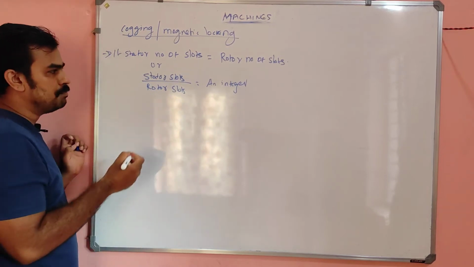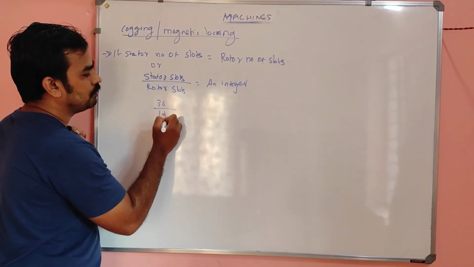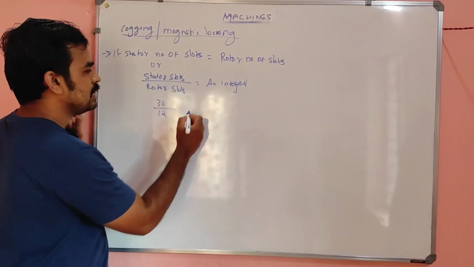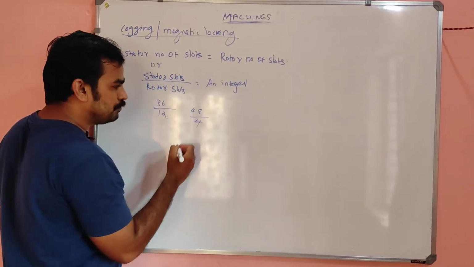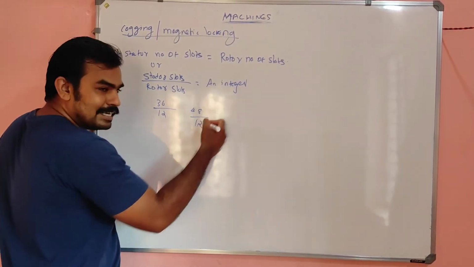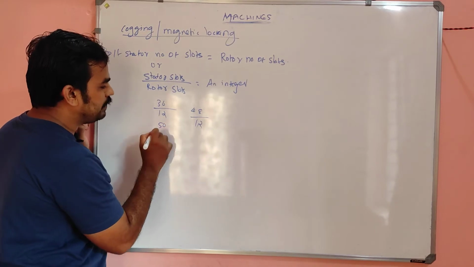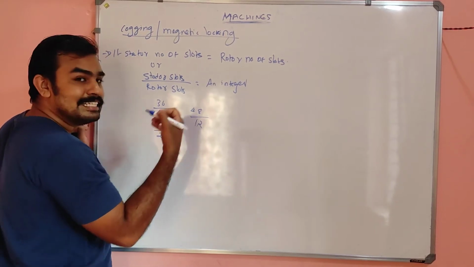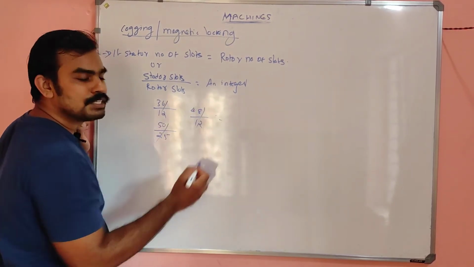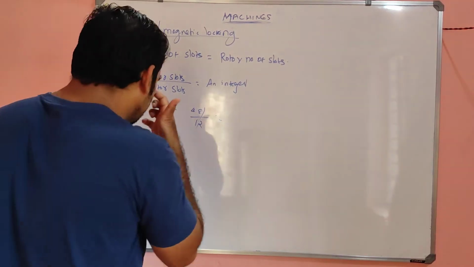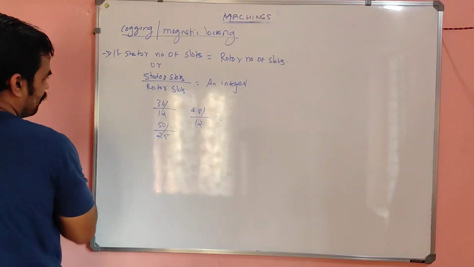Suppose 36 by 12, there is also a chance of magnetic locking. Suppose 48 by 12, also magnetic locking. Suppose 50 by 25, also, because all will give integer values. So these are the reasons for magnetic locking.